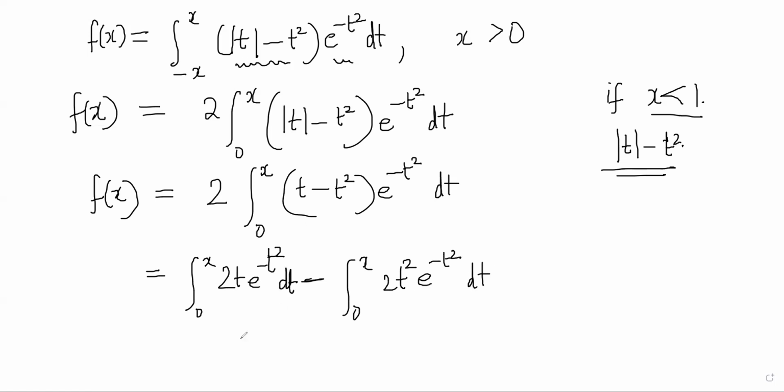I have split the integral into two parts and the first integral is obvious. It can be done by substituting t square equal to u. You will get minus e power minus t square, with limits 0 to x.